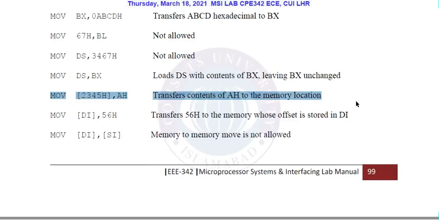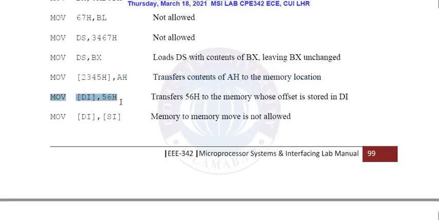So the value of AH will move to the physical address, which you can find by using that formula which I have already mentioned. I repeat the formula: physical address is equal to base address multiplied by 10H plus offset address. So the value of AH will be moved to that memory location whose offset is represented here.